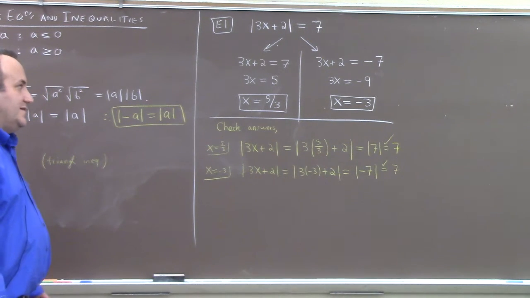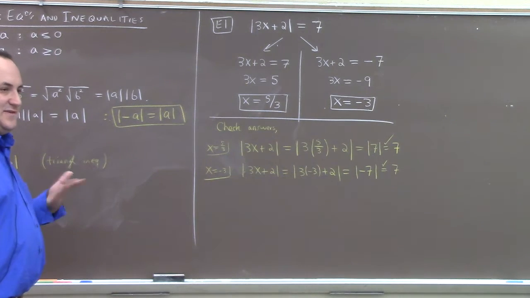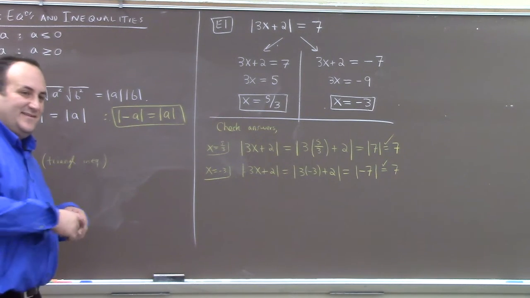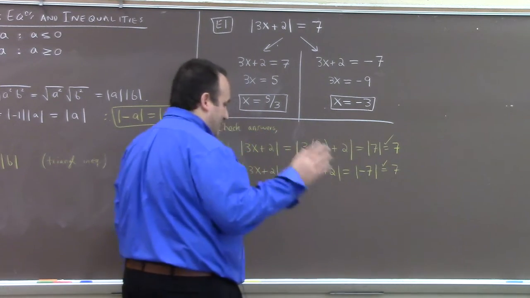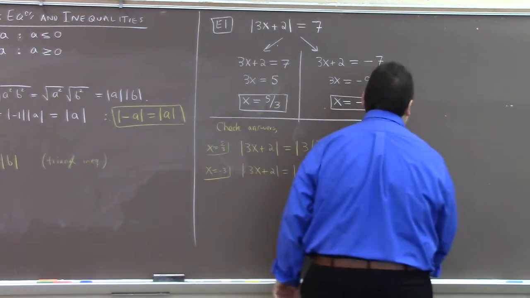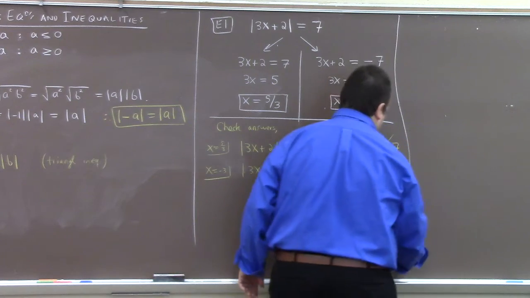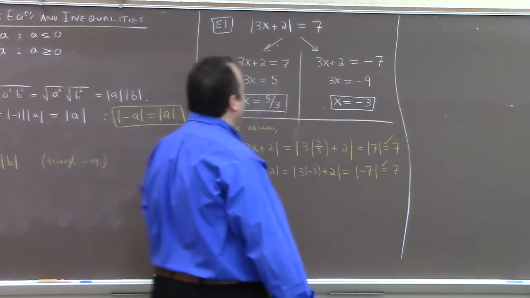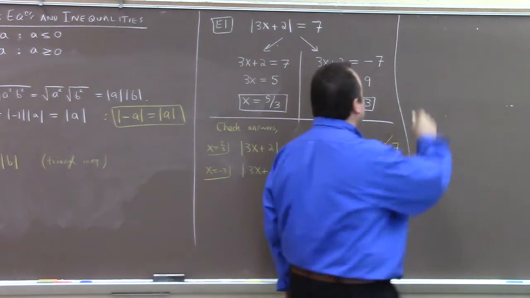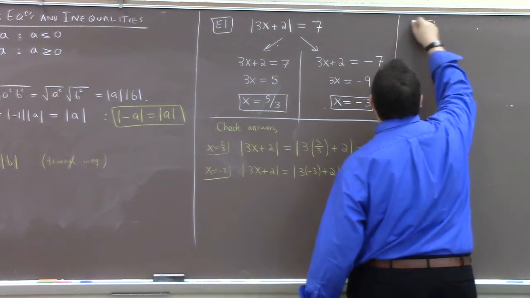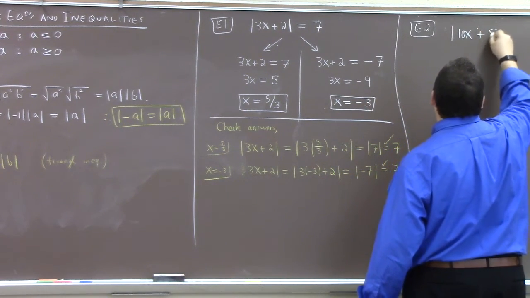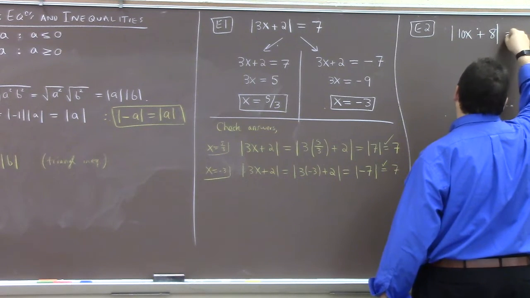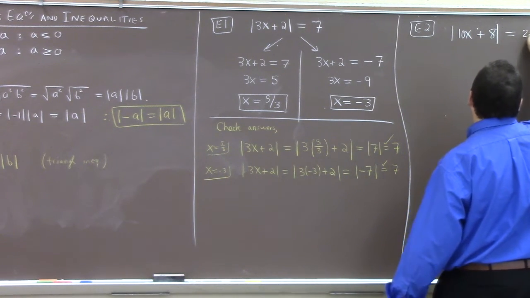So what is the mistake students usually make with these problems on the test? You want to guess? They don't check their answers. Well, that is a persistent problem. That is true. But here, I'll show you what students do on the test. In my example too, we got absolute value of 10x plus 8 equals, oh, I don't know, 20.